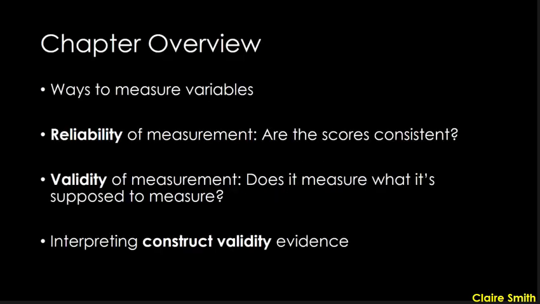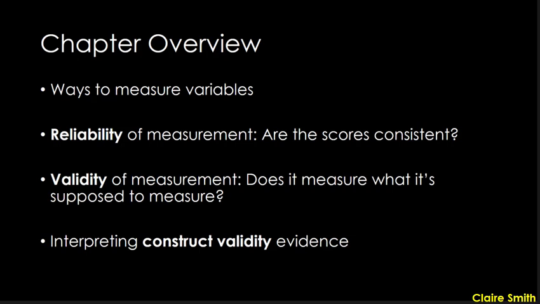Okay, so this chapter overview, first we're going to talk about different ways to measure variables. We already talked about what variables are, but there are a number of different ways we can measure variables. Then we're going to talk about the reliability of measurement, so how to figure out if our measurements are reliable. Are the scores that we're getting when we're measuring something consistent?